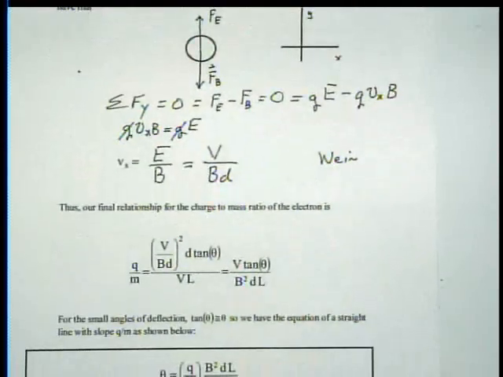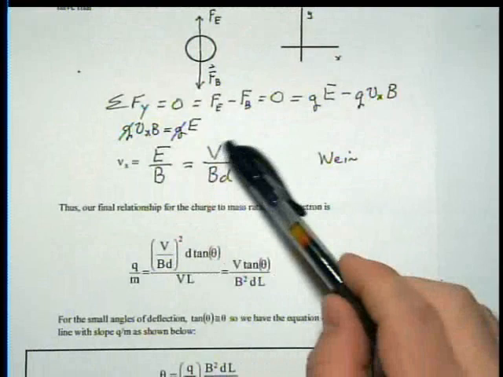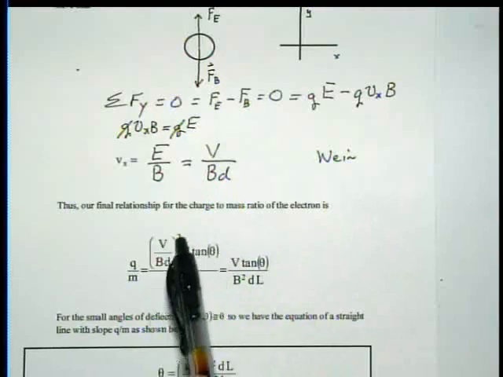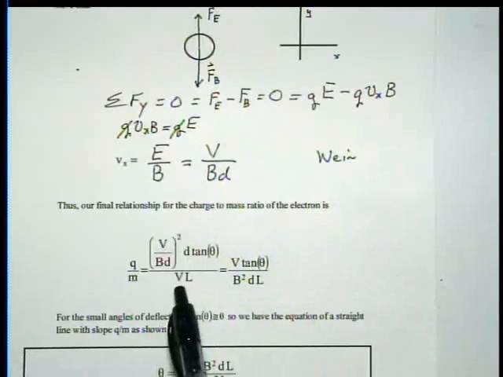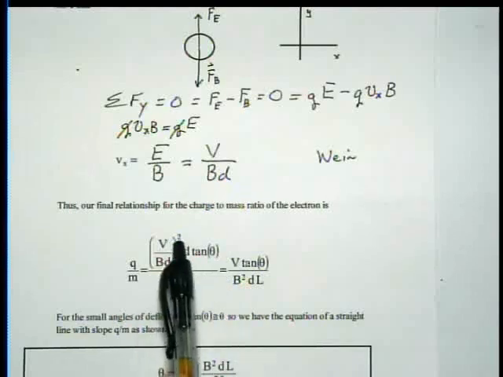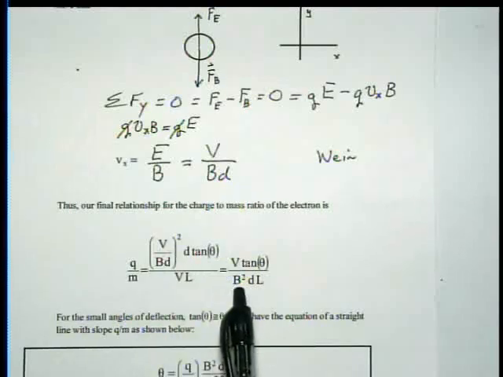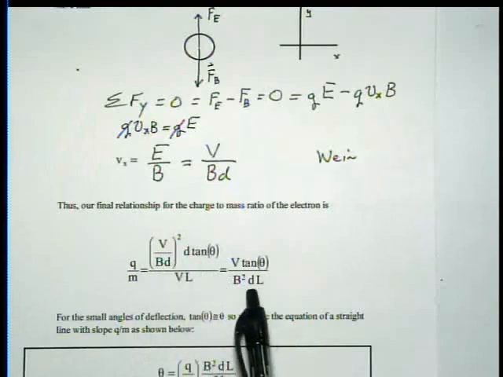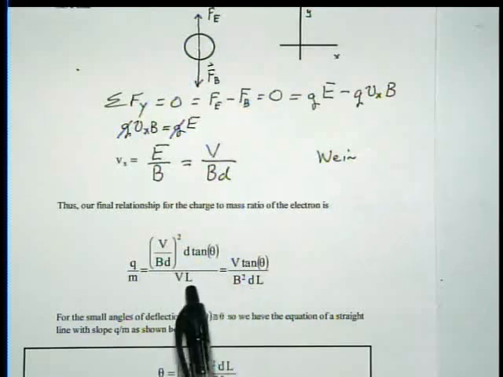So now what he does is he takes this and he plugs it in for Vx squared. And you see that you get a voltage squared on the top, you have a voltage on the bottom, so one of them cancels. You got a magnetic field which gets squared, it goes on the bottom. You have a d squared, which cancels one of the d's on top, so you get a d on the bottom. You have a length of the plate on the bottom.